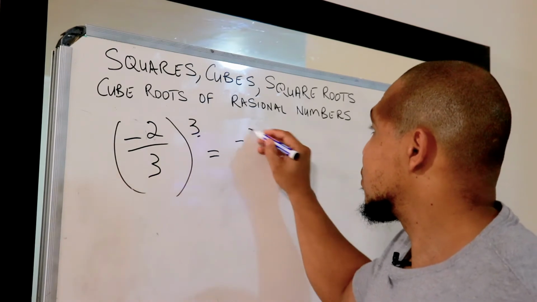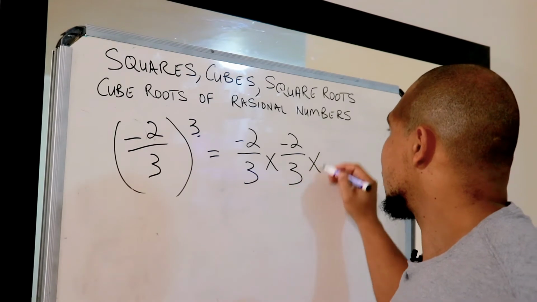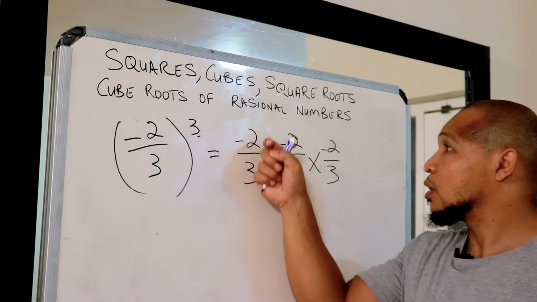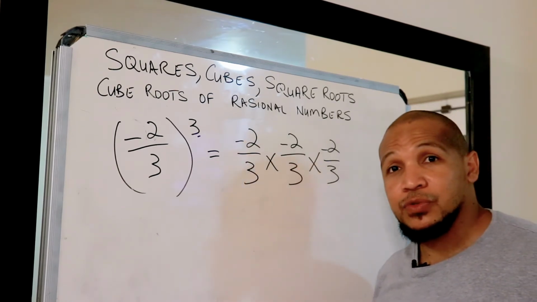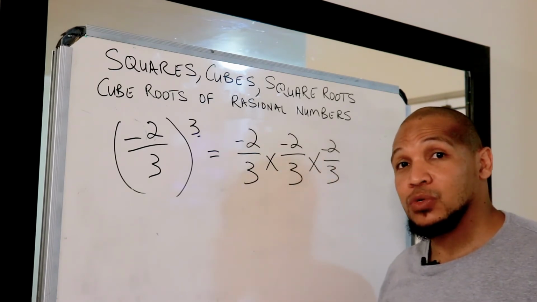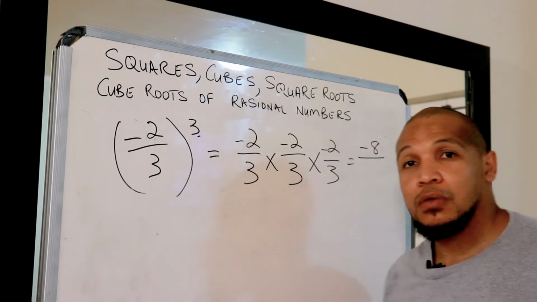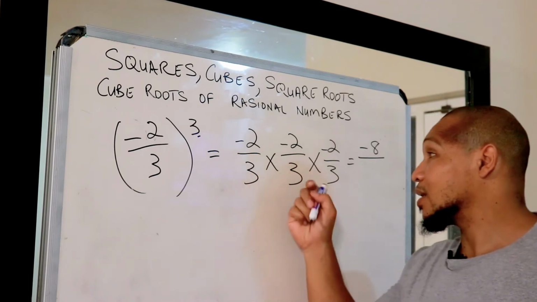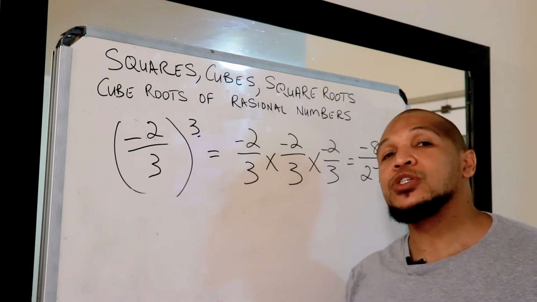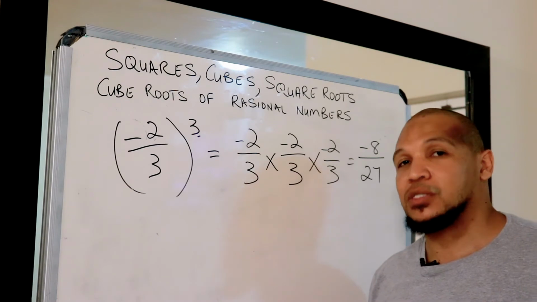That's it. -2 multiplied with -2 will give me a +4. 4 multiplied with -2 will give me a -8. 3 times 3 is 9, and 9 times 3 is 27. And if you always do these following steps and don't skip steps, it will be much easier.